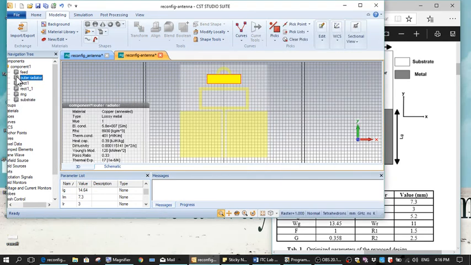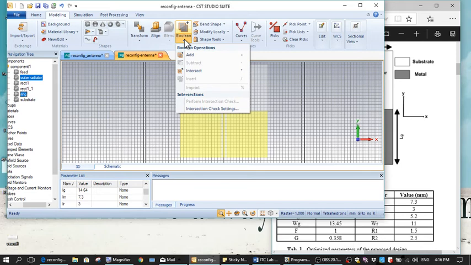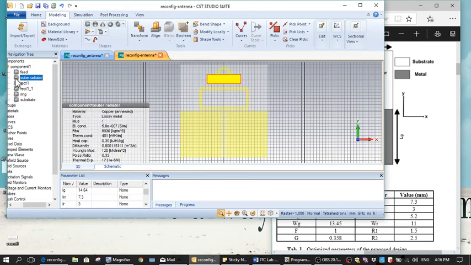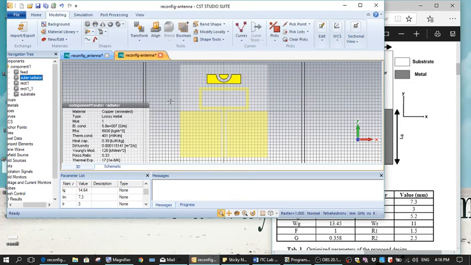First I will select the outer radiator, then I'll press Ctrl and select the ring. Okay, let's select the outer radiator and then subtract this outer radiator from the ring. You see, this is our outer radiator.